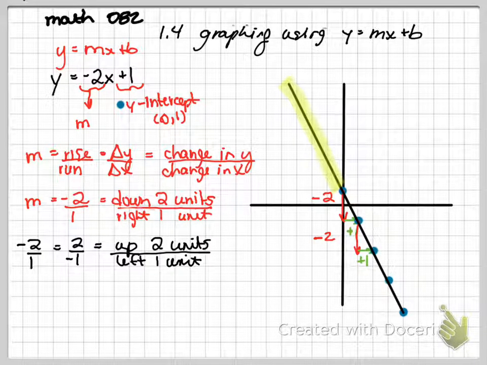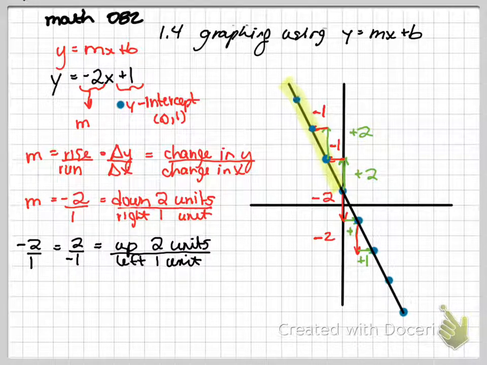Okay, so let's use some colors here. I'm trying to make green positive and the red negative so that you can keep track of them. So we could go up 2 units and then left 1 unit. And hopefully you see that would give us this point here. And we could keep doing that. I could go up 2 units and left 1 unit.